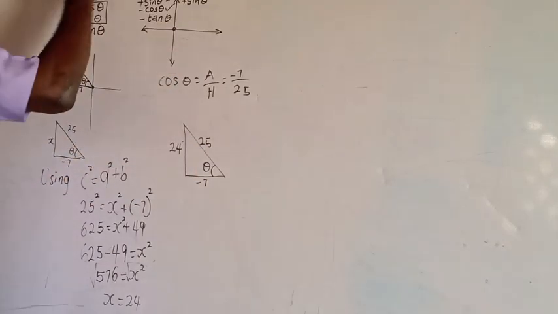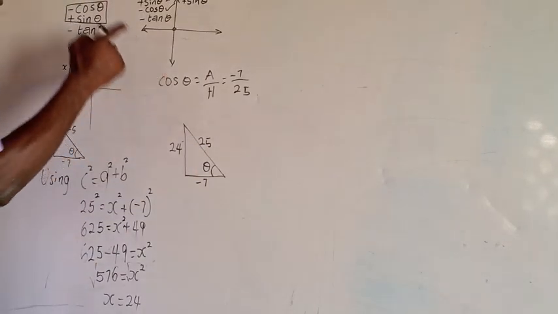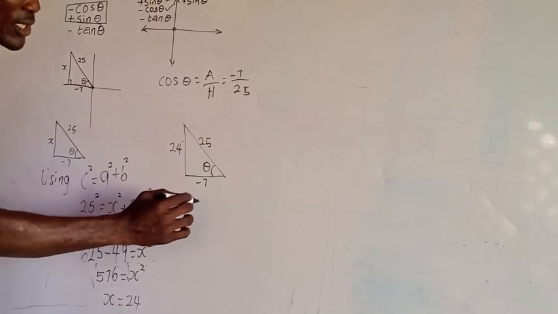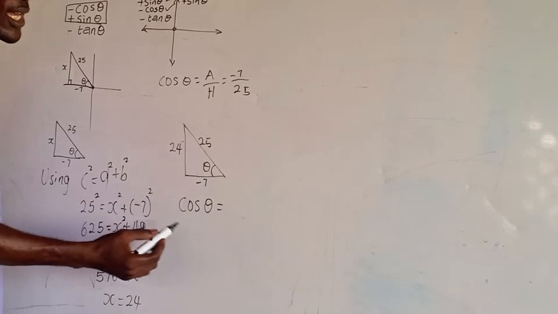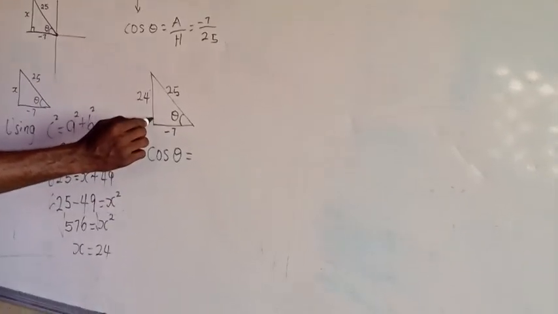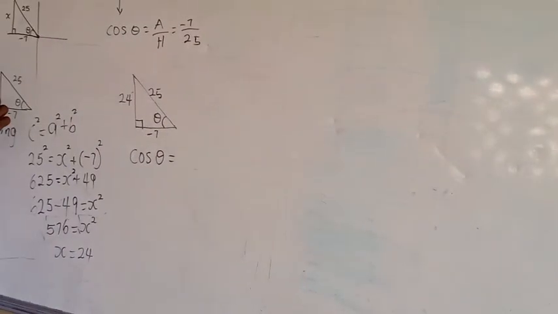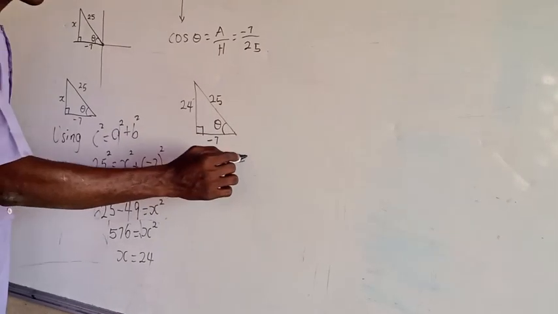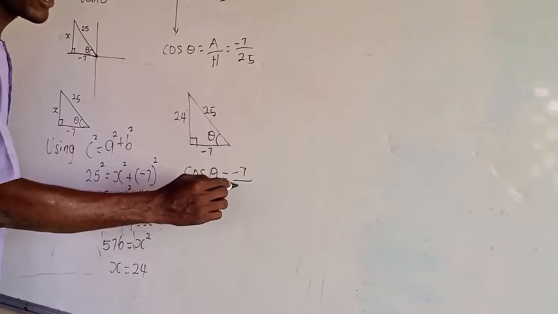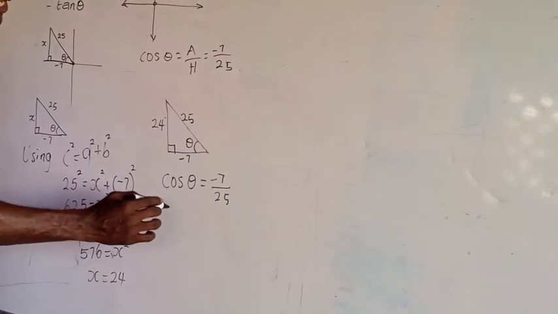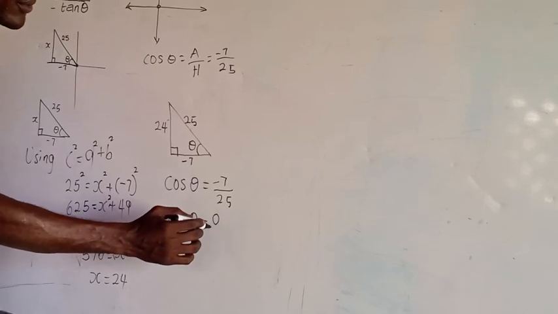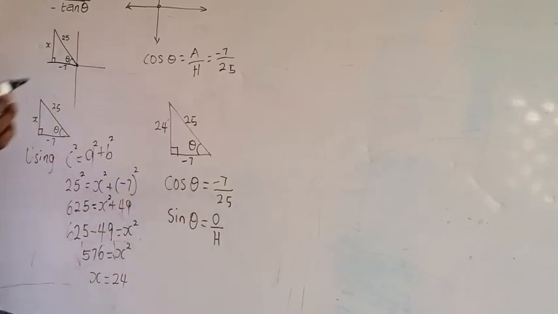So let's look for the other trigonometric functions. Let's start with what they gave us initially, which is actually cos theta. So our cos theta equals adjacent. You should know that this is a right angle triangle. Cos theta equals adjacent over our hypotenuse. Now, what is our sin theta? Sin theta equals opposite over hypotenuse, using our SOHCAHTOA.